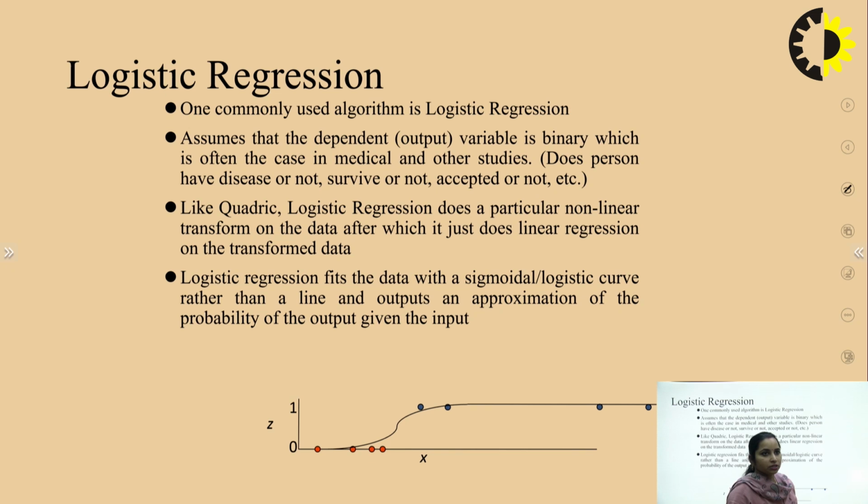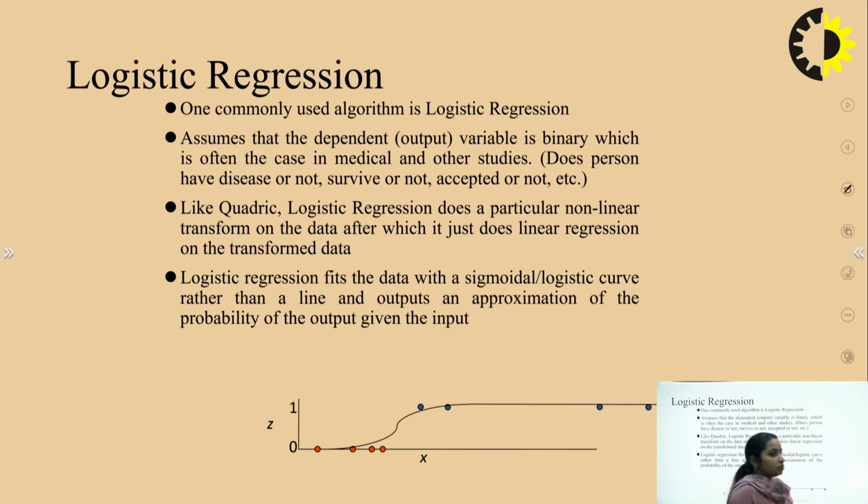It assumes that the dependent variable is binary, which is often the case in medical and other studies, like whether the person has a disease or not, whether the person will survive or not, whether this condition is accepted or not, whether the insurance policy will be there or not. So such are the conditions for logistic regression.